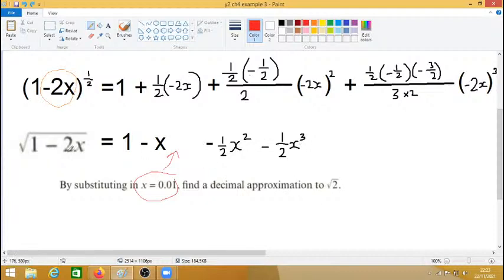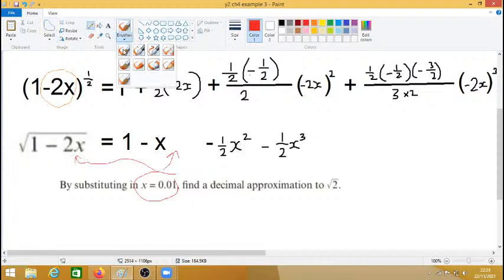So now we need to substitute in x equals 0.01 into the thing we were trying to expand, as well as our answer up to the x cubed term. So let's do that. We've got x equals 0.01 going into here.